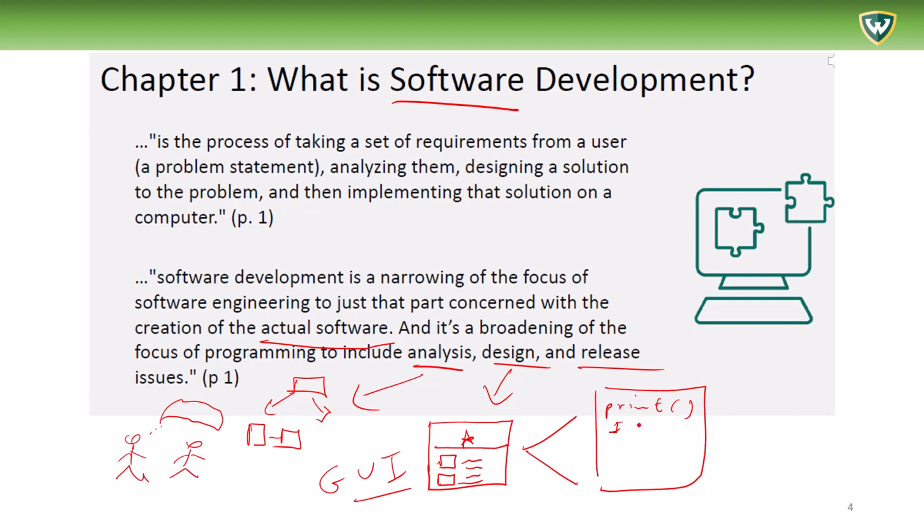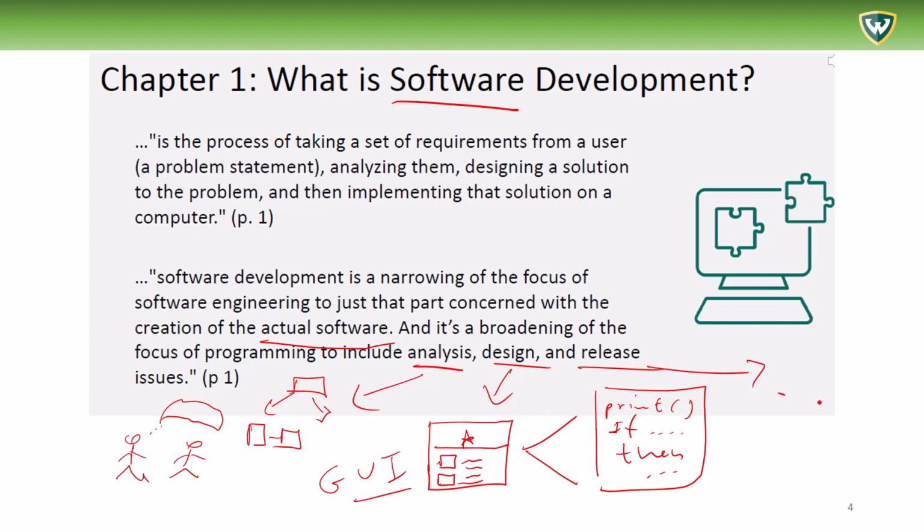So there will be structural statements of if this, then that. If x equals y, then print the statement as such. And so that's part of the design of software development.